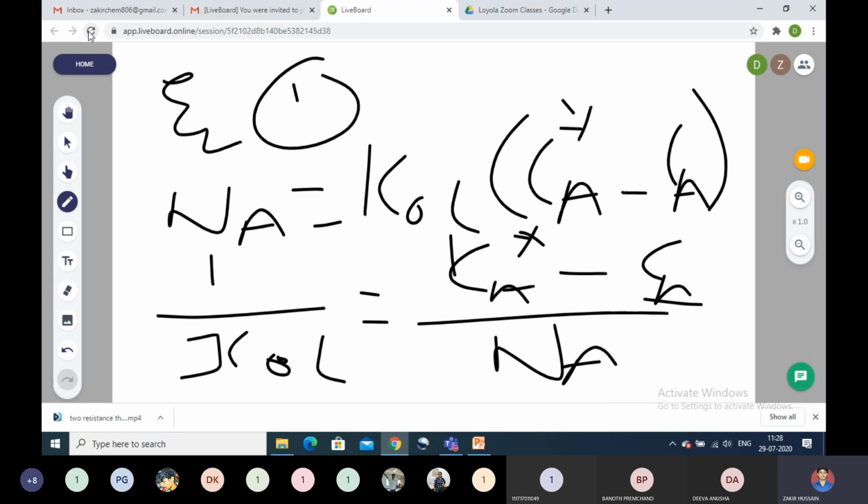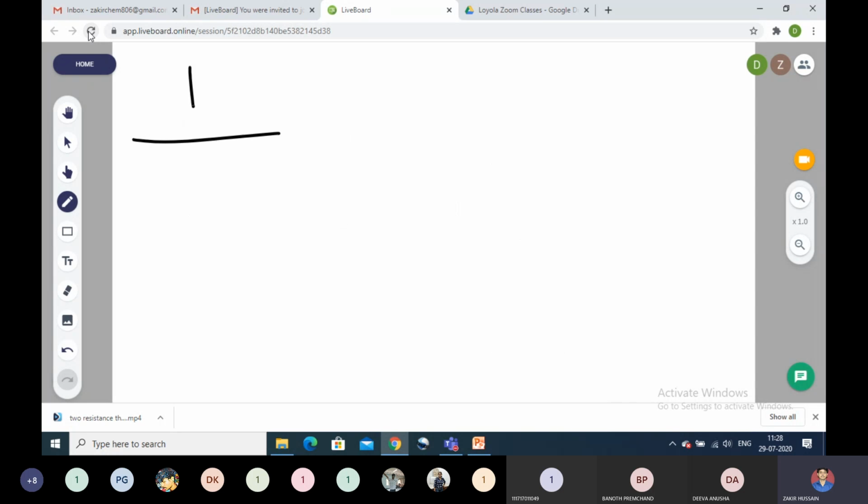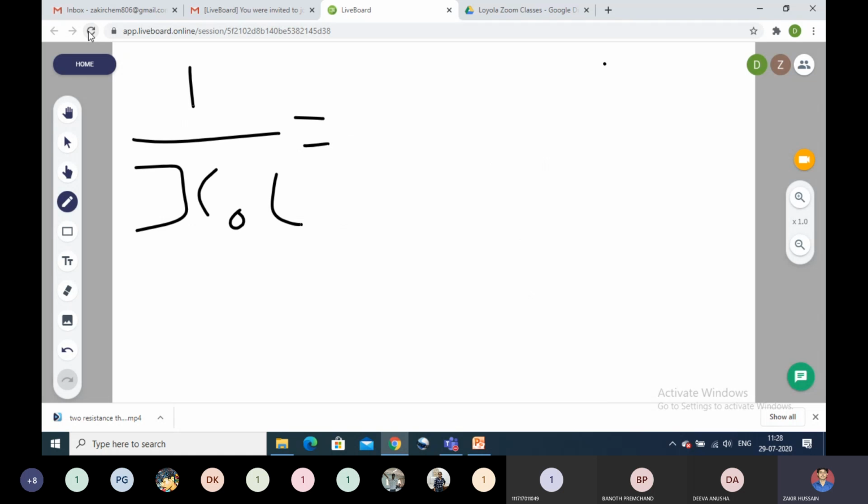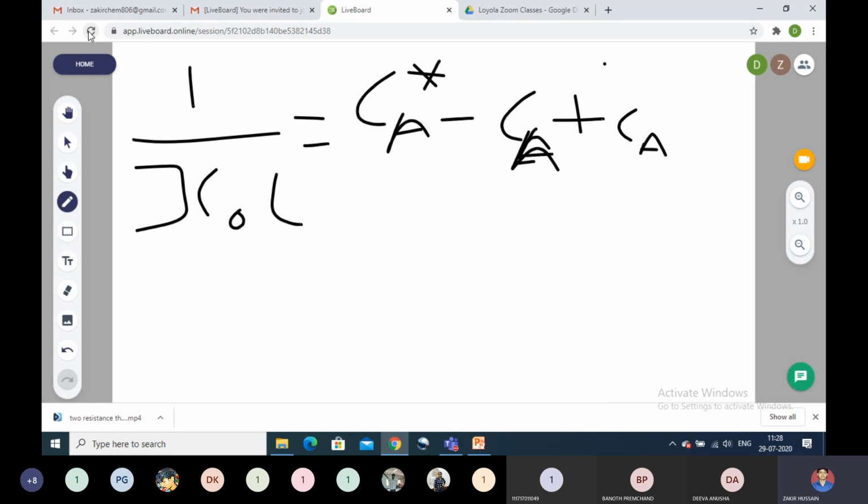So from the same equation, within the RHS side, we have to just add the interface concentration CAI and subtract the interface concentration CAI. Ca star minus Ca plus CAI, once we have to add and once we have to subtract, by Na.